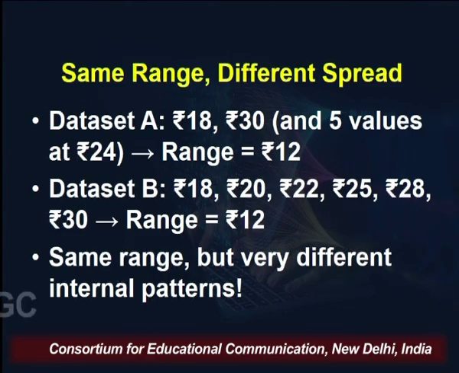For another dataset B, the prices vary from rupees 18, 20, 22, 25, 28, and all the way to rupees 30. The range for both of these datasets remains the same. It's the maximum value 30 minus the minimum value 18, which is rupees 12. But you can see that both of these datasets have very different internal patterns, even though they show the same range. Now why is that?